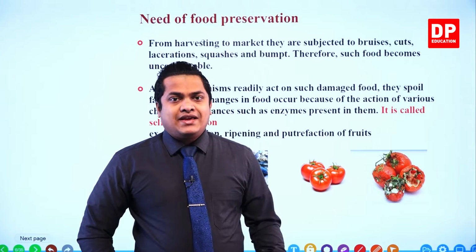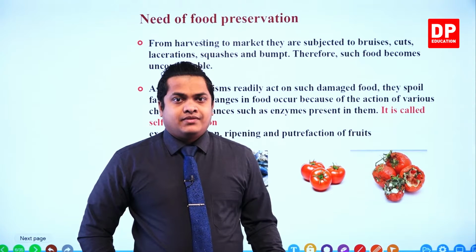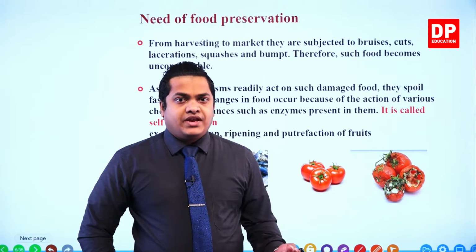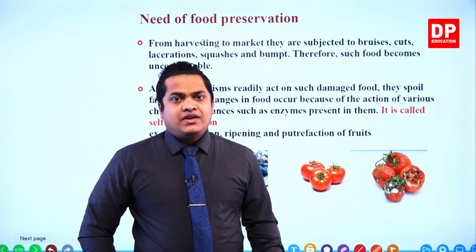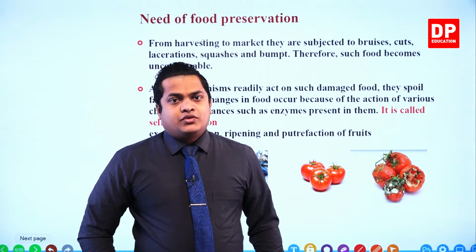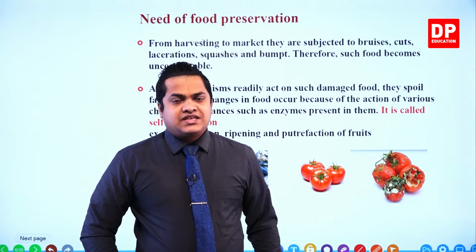Day by day these enzymes are acting and day by day it's getting ripened. So at a certain date, we have to consume it. Otherwise, the ripening process will continue from day to day and we won't be able to consume it after a certain time period. So this process is referred to as self-degradation.